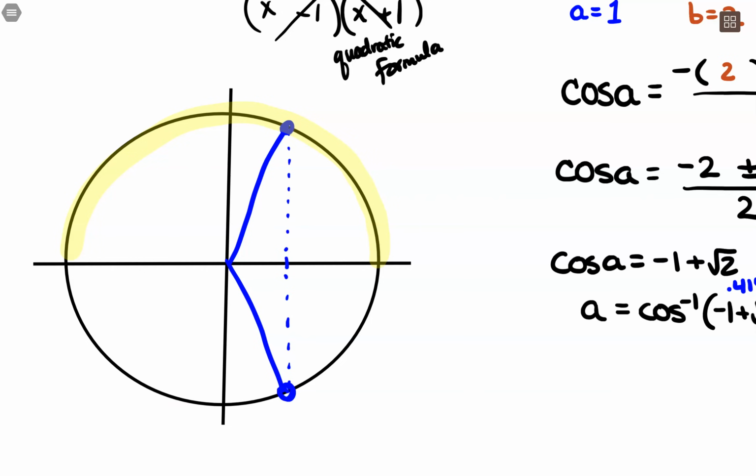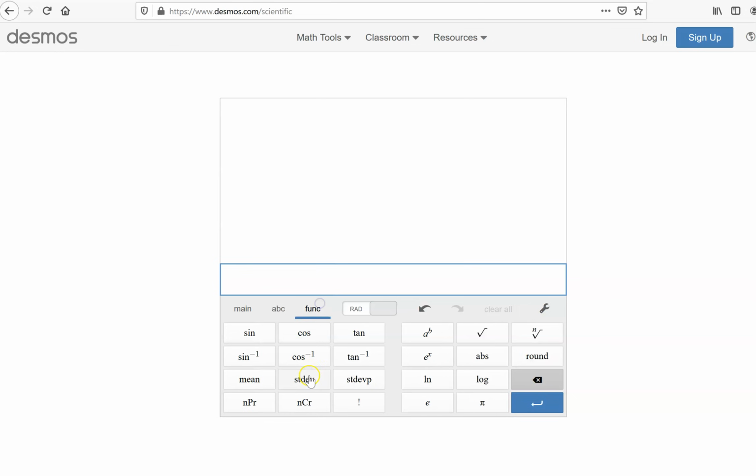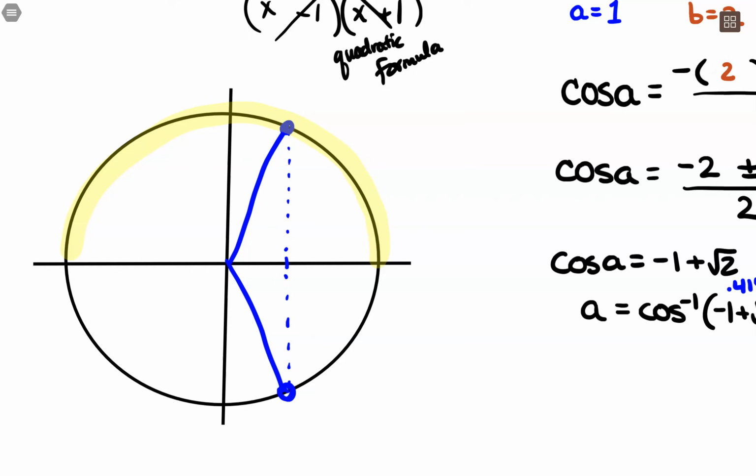So I'm going to go to the calculator and grab an inverse cosine of -1 plus square root of 2. And that's a 1.1437. So this angle measurement right here is 1.1437. And then our second angle measurement's just the negative.